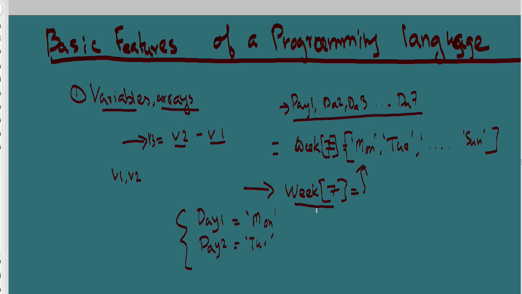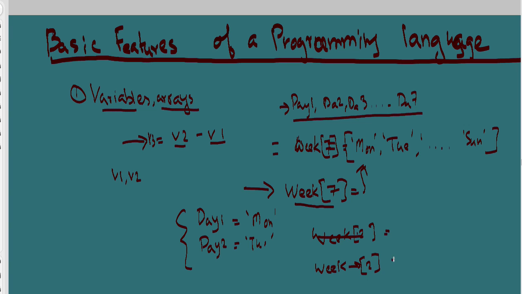The second part is that you are capturing the order of the variables in a nice way. Here you have to do day 1, day 2. There is no clear-cut way to show that day 2 is ahead of day 1. But here, if you see week 7, you can access the second element, and that would be Tuesday. Maybe different languages will have different ways of getting the element.